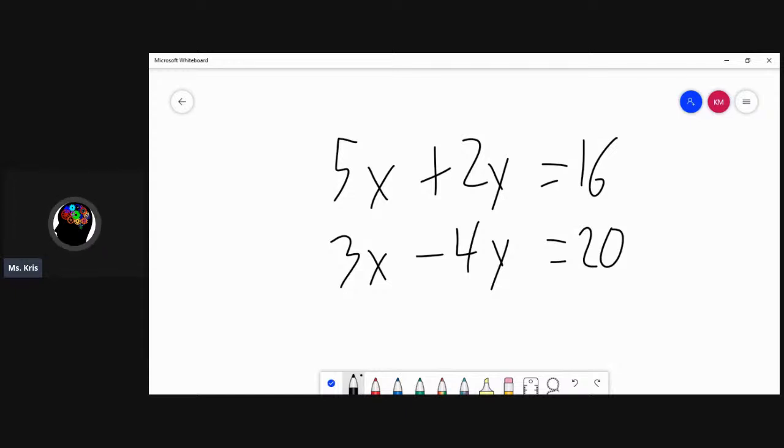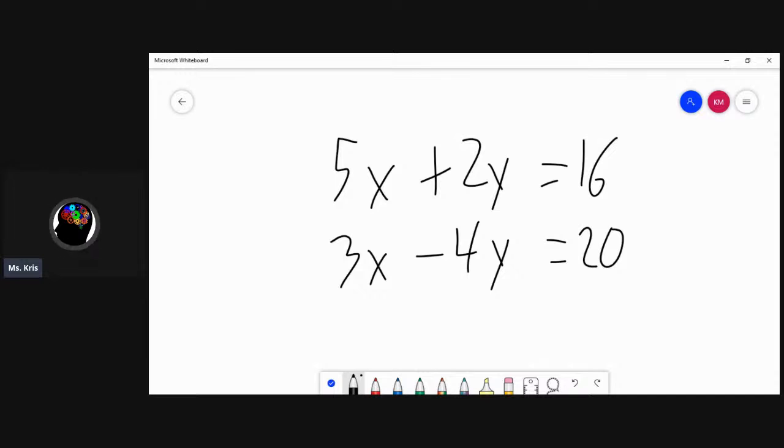Now, we will get into that in a minute, because you will have those where you have to make the decision of, do I multiply the top by a negative and leave the bottom one positive, or multiply the bottom one negative and make the top one positive. Either way, you will eventually have to multiply both of them.